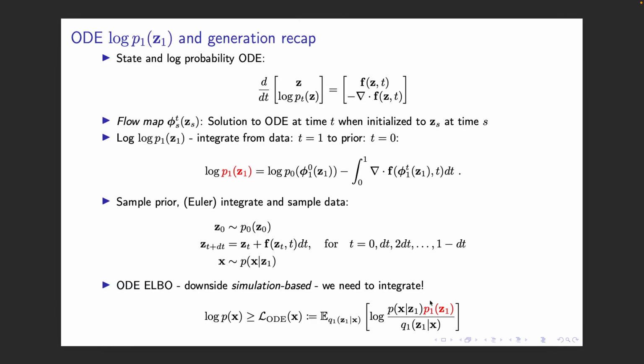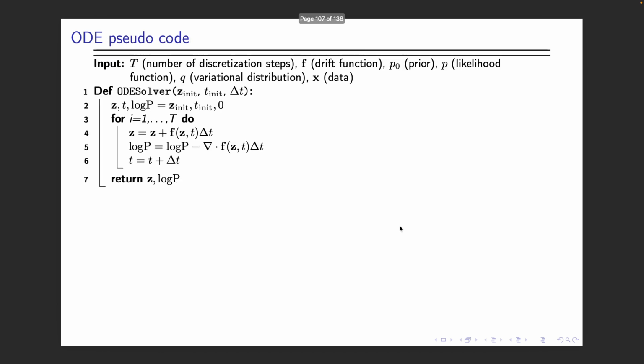These are the equations you have to solve to get both the ELBO and the sample, and you can do that by joint integration. This part is integrating the differential equation, and this is integrating to get the log likelihood. But you have to integrate all the way.